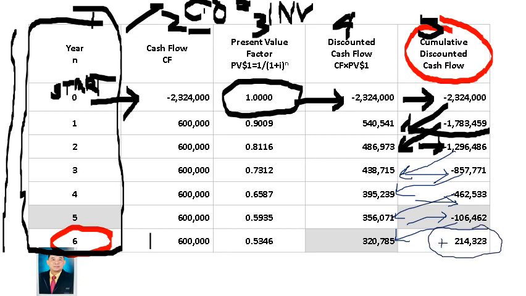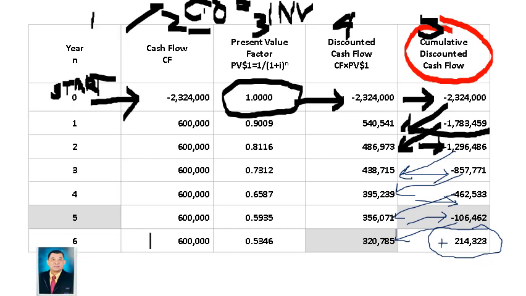So you can see here that between year 5 and 6, there is already a payback. However, you need to get the exact fractional month, no? On what particular year does this have to recover?